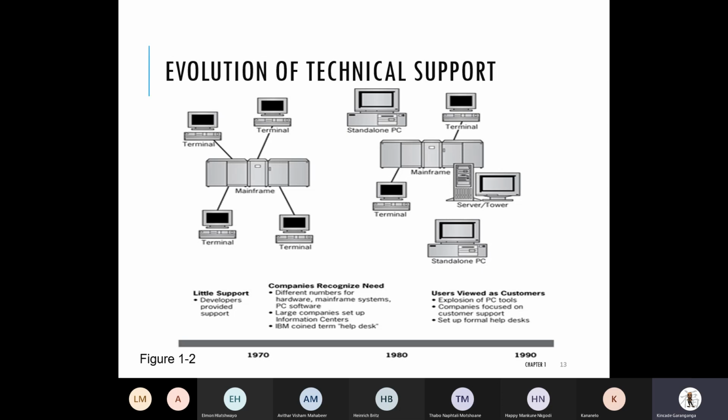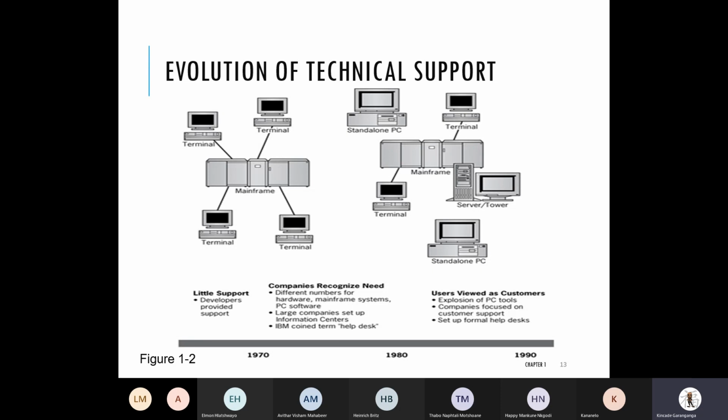And then after some time, certain organizations would identify that there's a natural need in terms of providing this particular support at large. So different numbers for the actual hardware and software at large. Companies would obviously need to set up these particular information centers, and IBM was responsible for creating that term, if you want to look at it from a different point of view, within the ICT environment, which is generically your help desk.